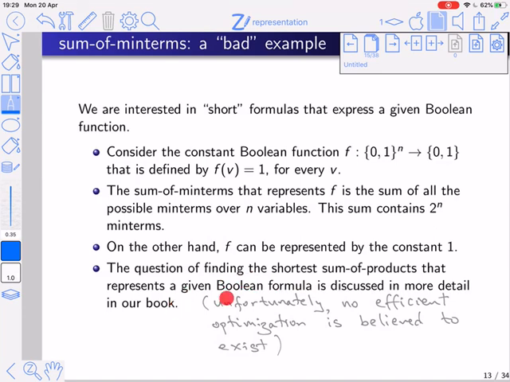Unfortunately, I hate to disappoint you, there is no efficient optimization for this problem. Nobody believes that you can find the shortest representation using sum of products of a given function in an efficient manner. I will elaborate on this at the end of this lecture.